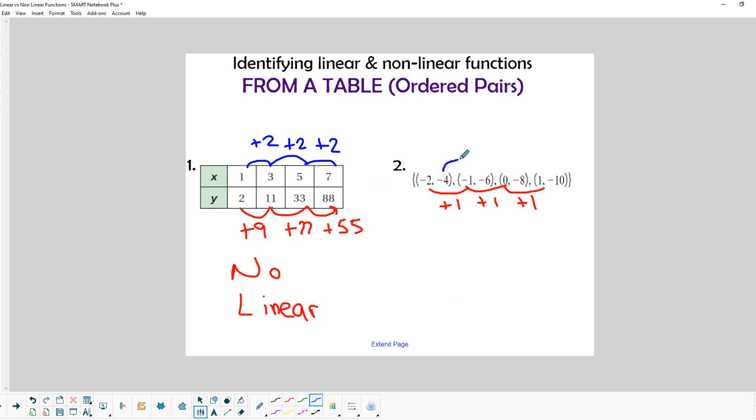To go from -4 to -6, that's a drop of 2. To go from -6 to -8, drop of 2. To go from -8 to -10, a drop of 2. So do you see how the change in y over the change in x is remaining constant? So if we graph these, they would line up in a straight line. So that's how you tell on that.